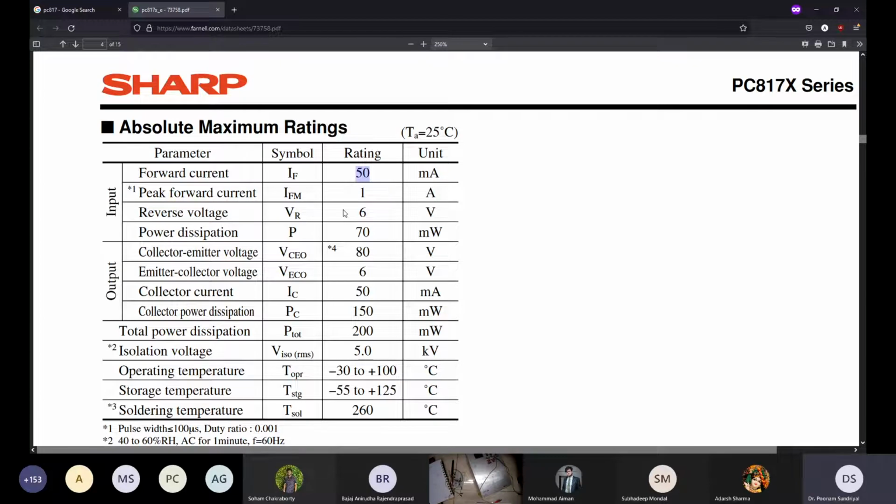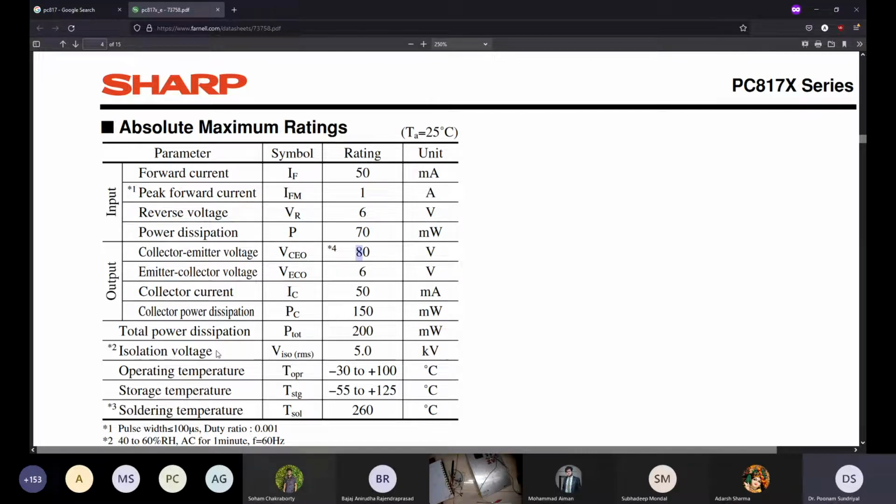The LED will go kaput. At the output side, the maximum collector emitter voltage you can apply is 80 volts. The collector current is 50 milliampere, and the total power dissipation is 150 plus 70 milliwatt.